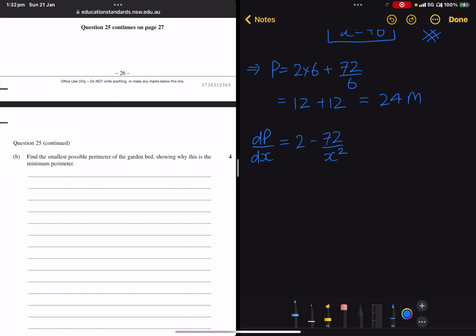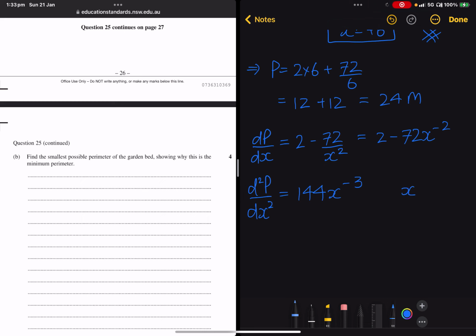So now the second derivative, d squared p over dx squared. The 2 is just going to go away. So this is actually 2 minus 72 times x to the minus 2. This will become, minus 2 comes down the front, 144 times x to the minus 3.